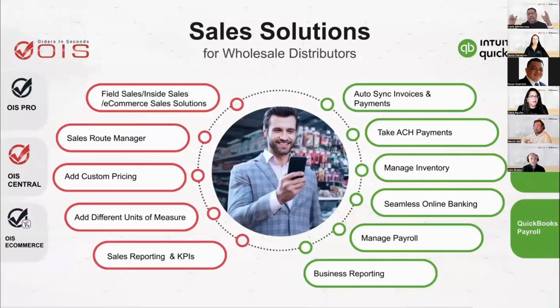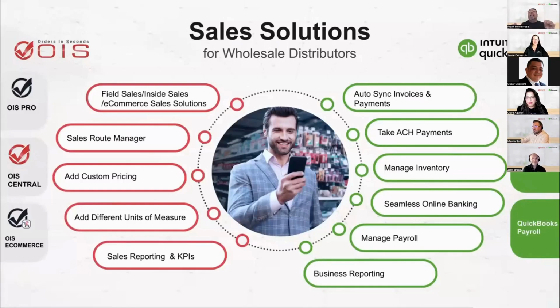But in some other cases, you don't have sales reps in the field, but you're still in the distribution industry, right? The majority of the transactions are generated by emails, phone calls, fax in some cases, and text messages in some cases.